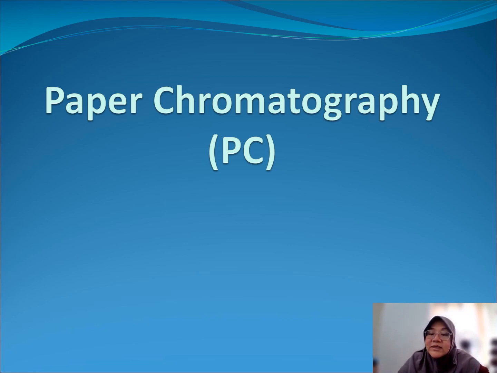Sample mixture is the extract yang you prepare tadi lah, by extraction, by distillation, by solvent extraction, by solid phase extraction, okay. And then you want to separate the compounds or analytes inside the extract, so you guna chromatography. So the first yang kita nak tahu adalah menggunakan paper chromatography.